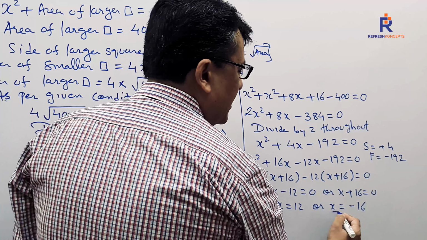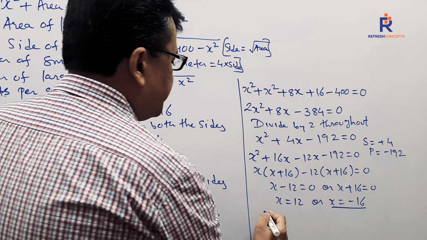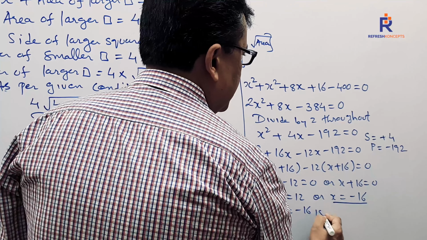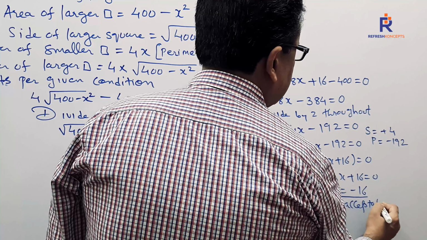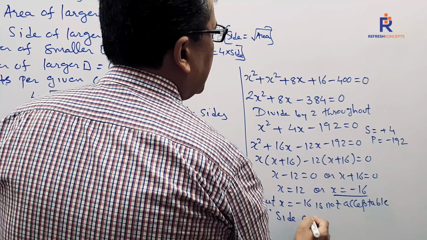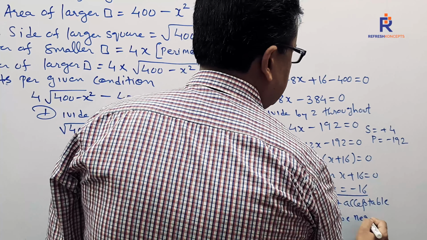But we have to discard this. Why? Side cannot be negative. x equals minus 16 is not acceptable since side cannot be negative.